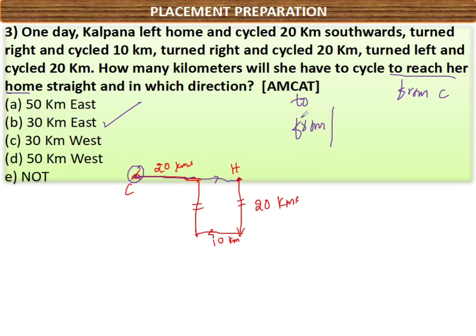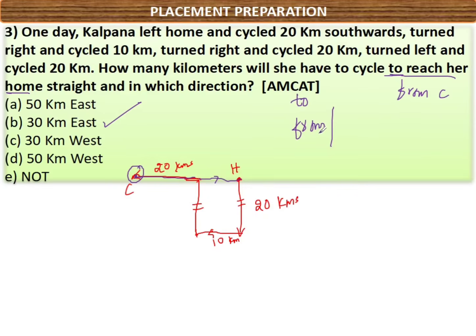Instead of telling from where you are going, they will tell you to where you are going. If you know to where you should go, obviously you can tell from where you have to start. In this question, they are telling to reach her home. She has to reach H from C, obviously. That's why we have considered C as origin.